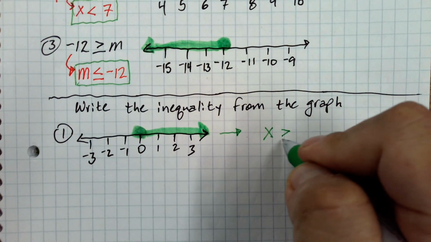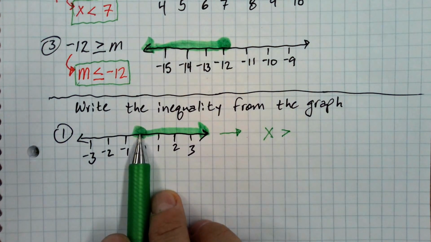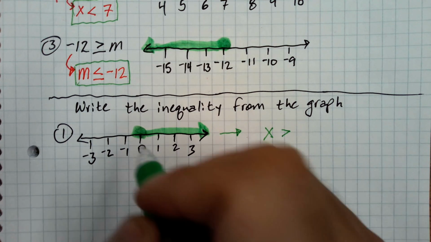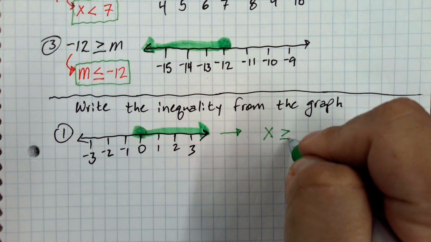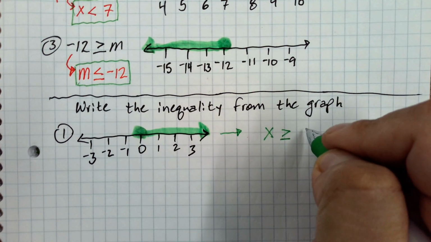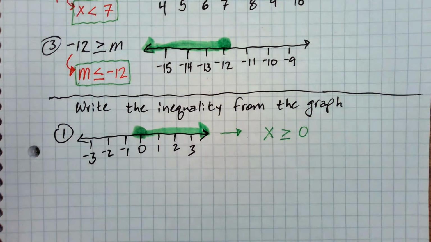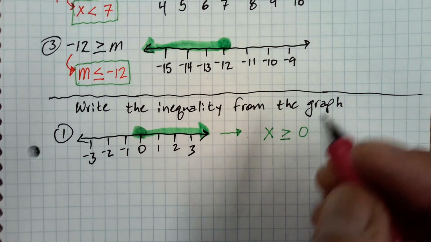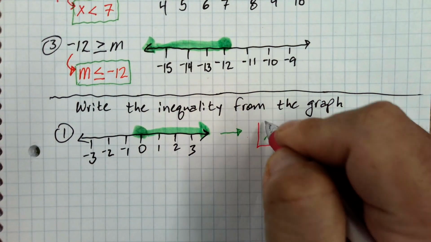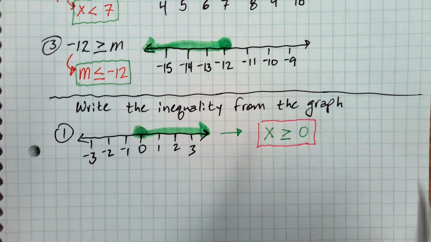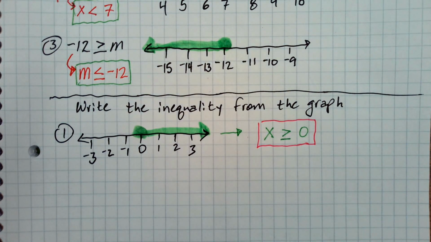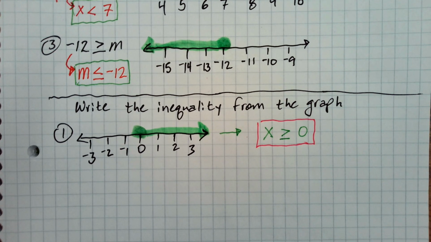Do I need to put the bar underneath for equal to? Look here. Yes. You see how it's a closed point? You want the bar there, and then I want 0. So that would be my answer. X is greater than or equal to 0. Okay? Any questions? Okay. We'll just do 2 more and then we'll be done.